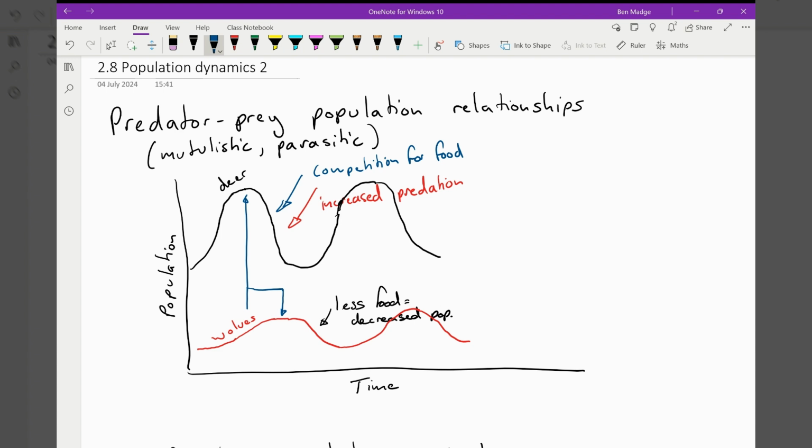And both of these will therefore hover around the carrying capacity of the environment. So this is our carrying capacity for our deer. And this can be our carrying capacity for our wolves.